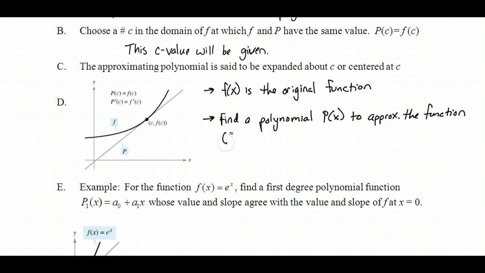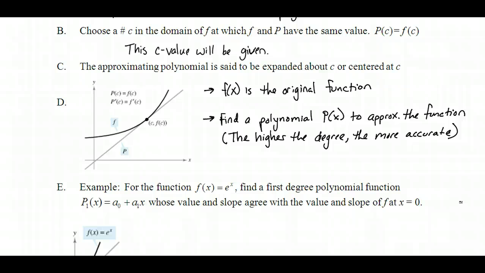And like I said before, the higher the degree, the more accurate the approximation. Obviously making a higher degree is going to take more work too, and so there's some extent where you don't want to do this anymore either.